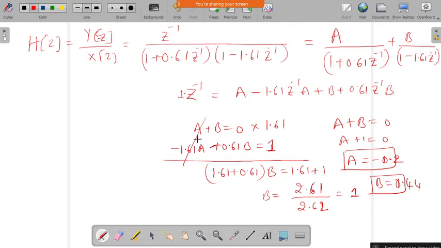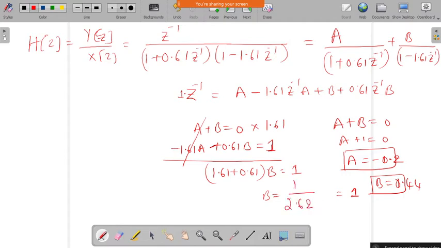Okay, if you add these two. Sir, sorry, this B one will be 1 by 2.62.